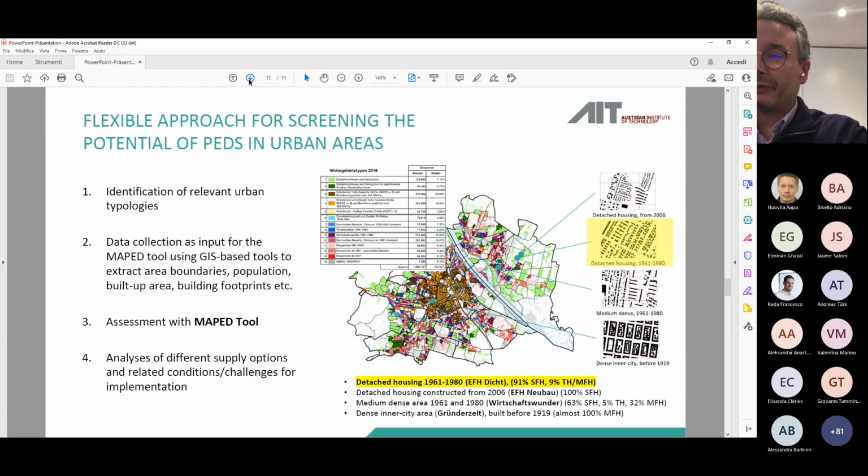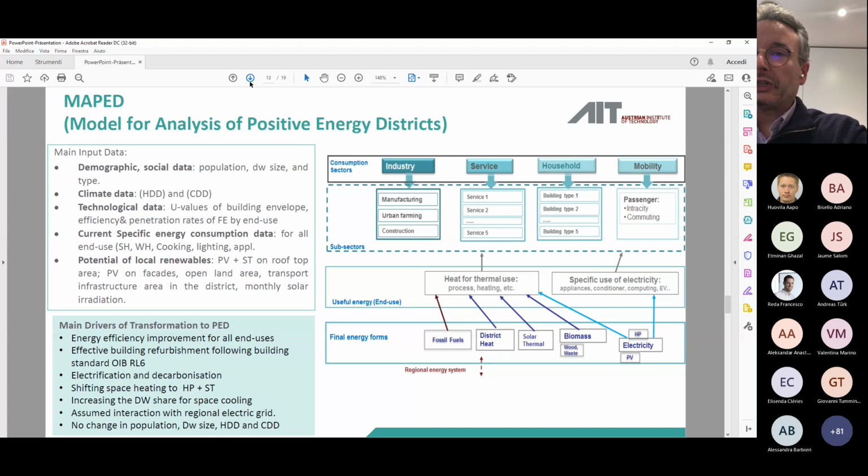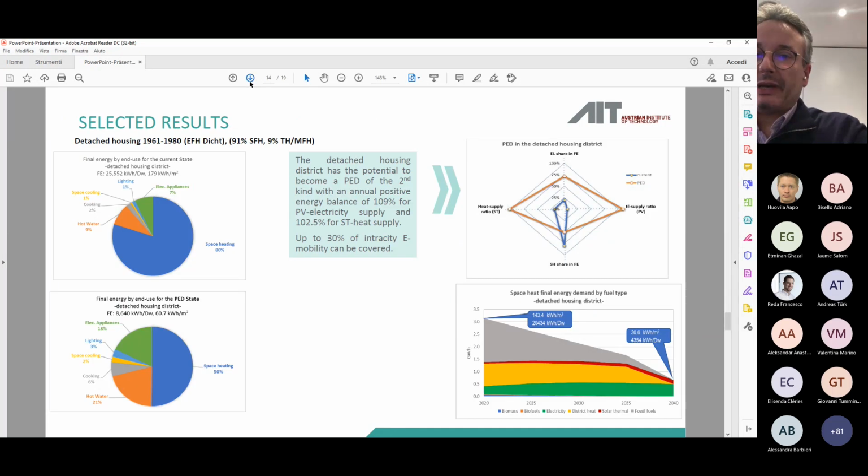In the end, as time and budget were constrained, we focused on the operational energy. Next slide, please. We used an in-house tool, the code Mapit. I don't need to go into details. You can also find this in the publication we wrote. Next slide, please. And we assessed the self-supply rate that can be generated by using local renewable energy sources. Next slide, please.